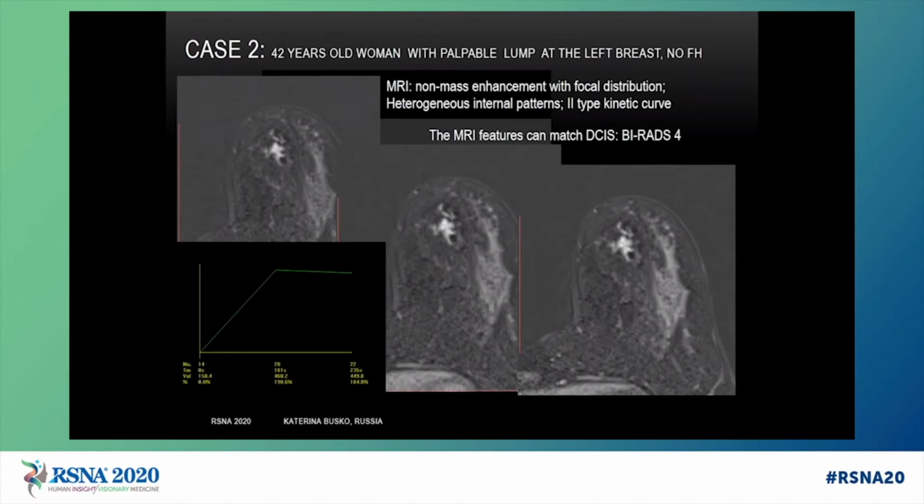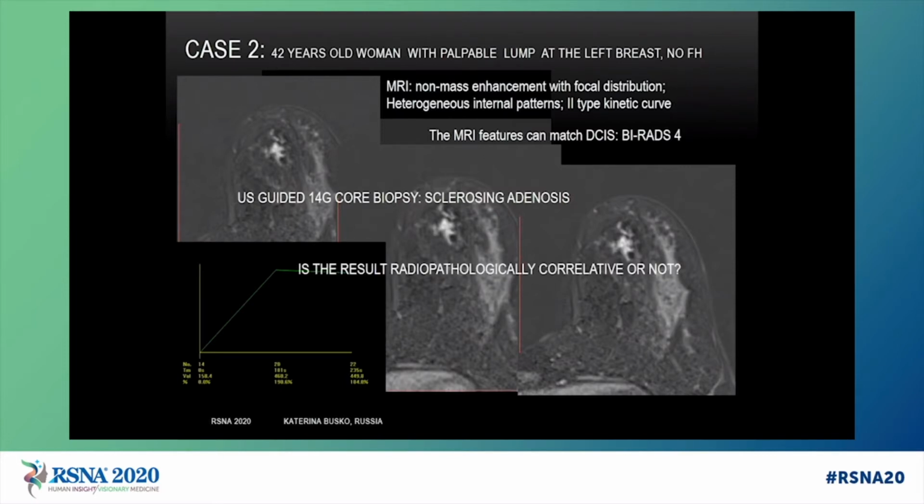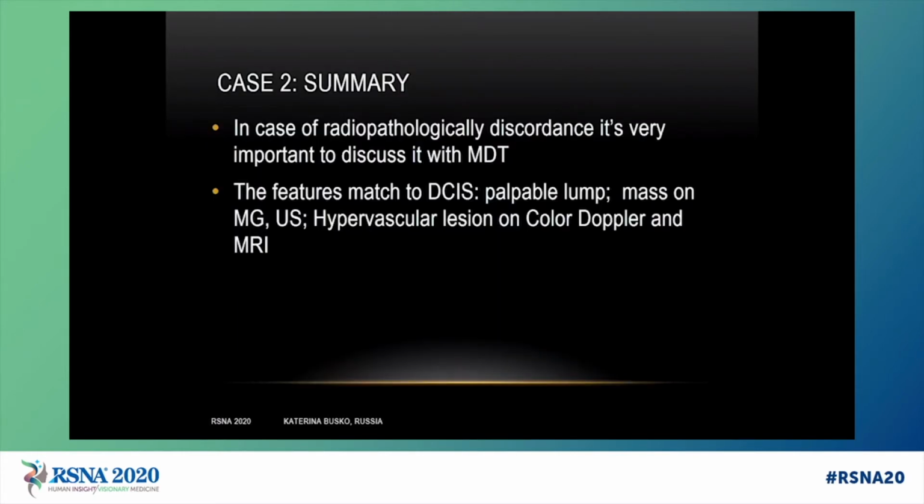Ultrasound-guided core biopsy showed sclerosing adenosis. As a result of radiopathological discordance, the surgical excision was elected. Final pathology: DCIS, G2. Summary of this case.